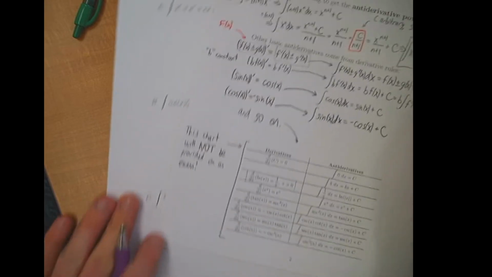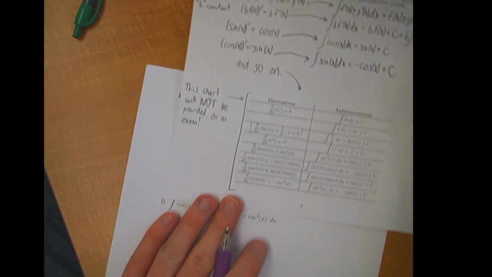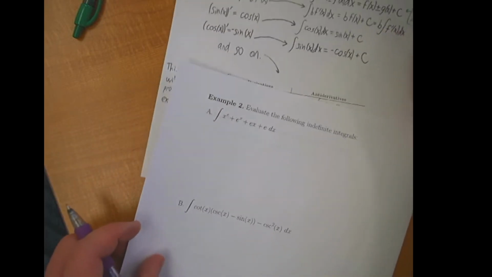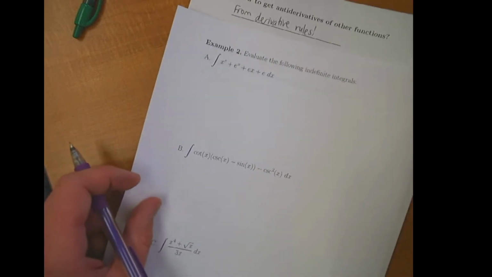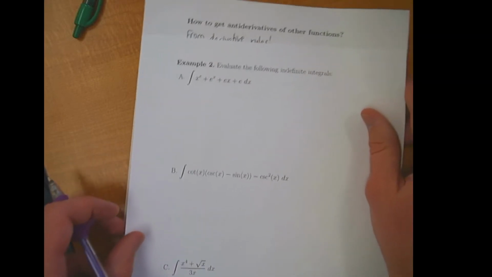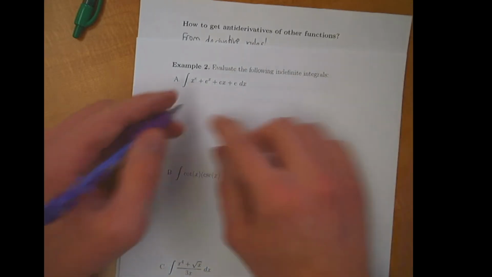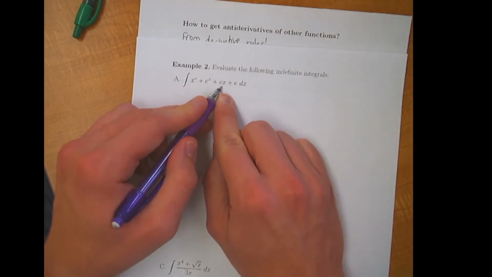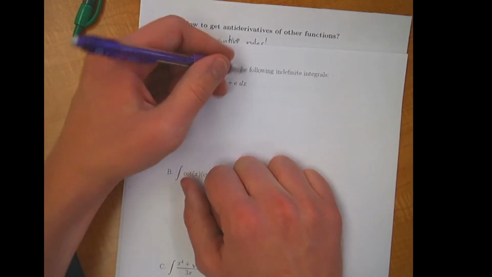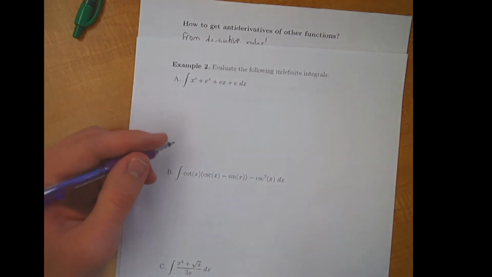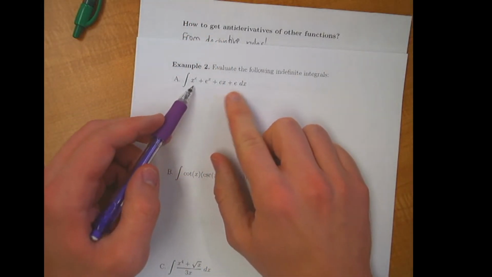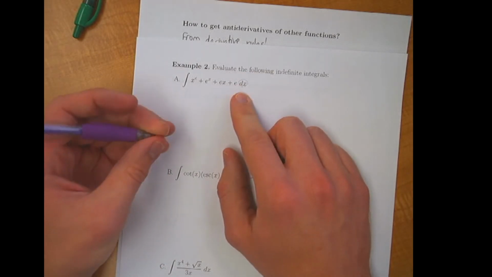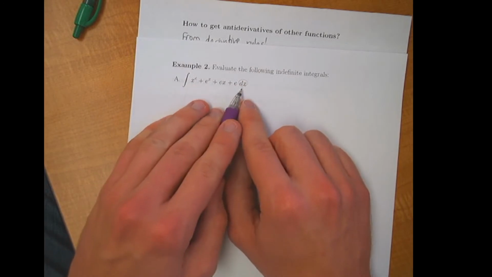So let's focus on example 2. What we have here is that we have to evaluate the following indefinite integrals. For part A, we have x to the e plus e to the x plus e times x plus e, and then all with respect to x. One thing to keep in mind with this dx is that it means we're integrating with respect to x.